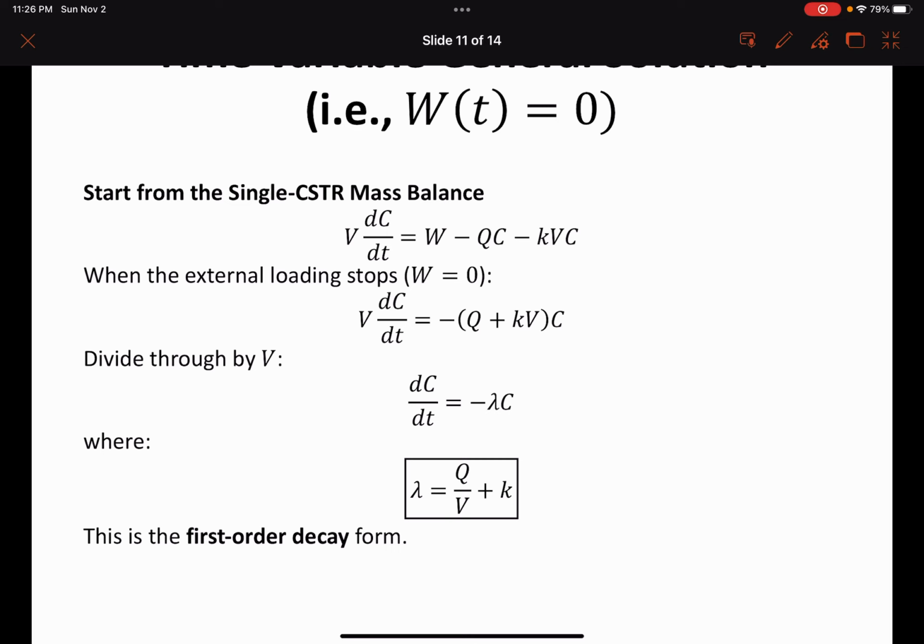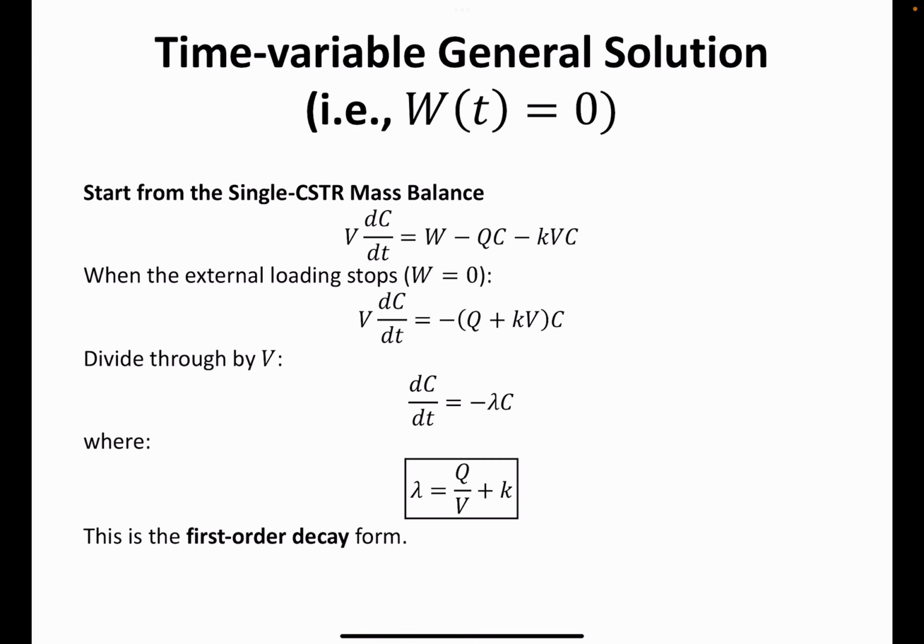Okay, so now let's look at the time variable general solution, when the loading is equal to 0. For one CSTR, let's just apply a single CSTR mass balance. V dC over dt is equal to input minus flow rate times concentration minus decay times volume times concentration.